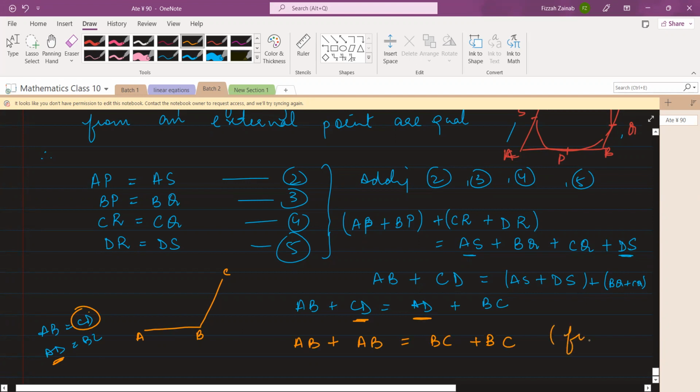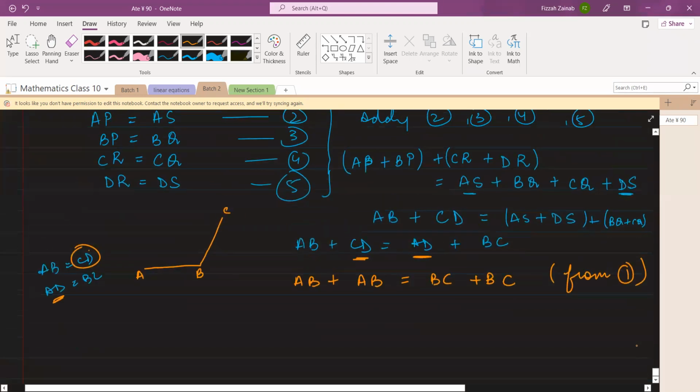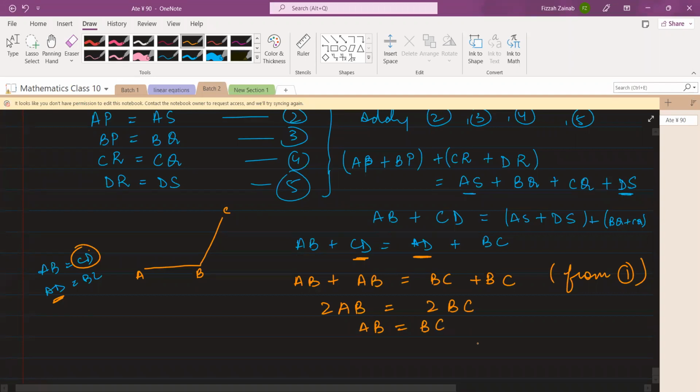So here I have used the first equation. Is that clear? So twice of AB is equal to twice of BC. 2 cancels out and I get AB is equal to BC, which you can call equation number 6.